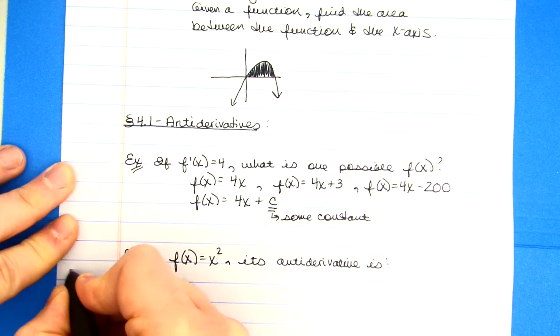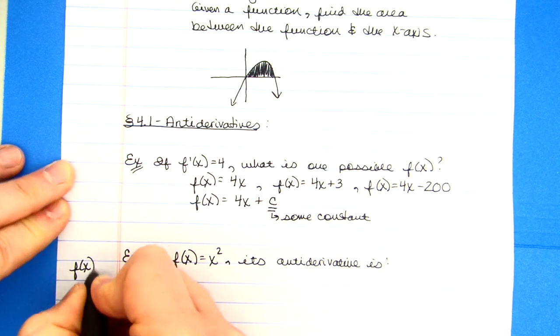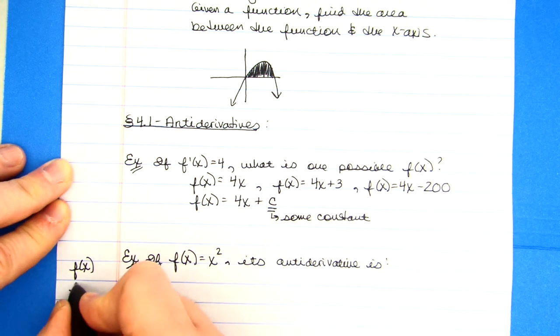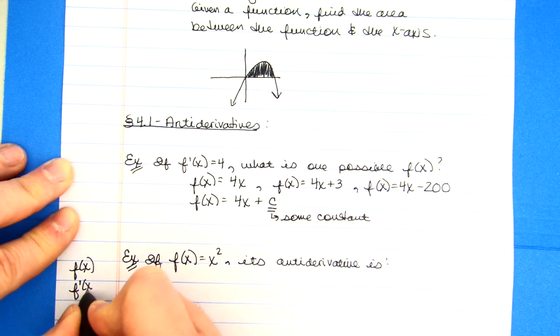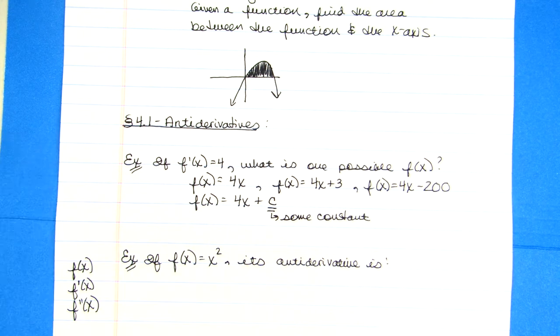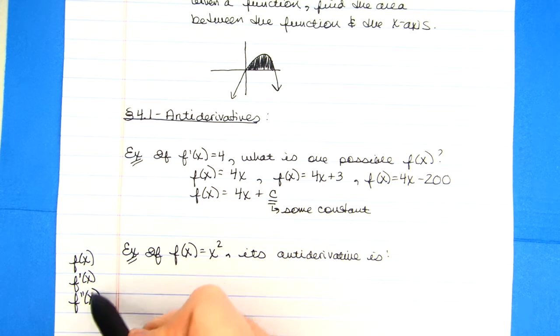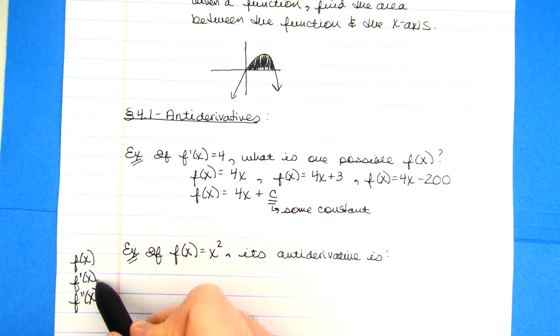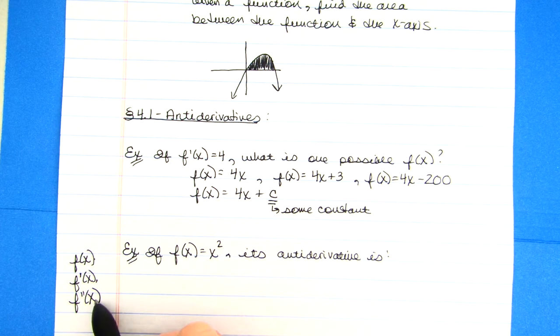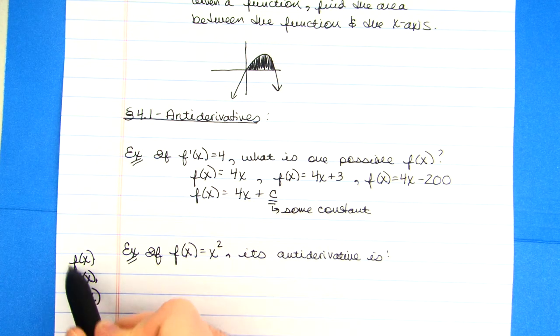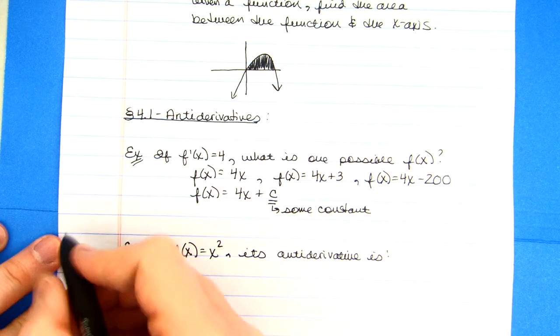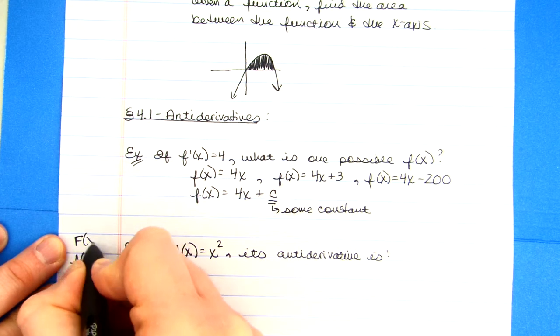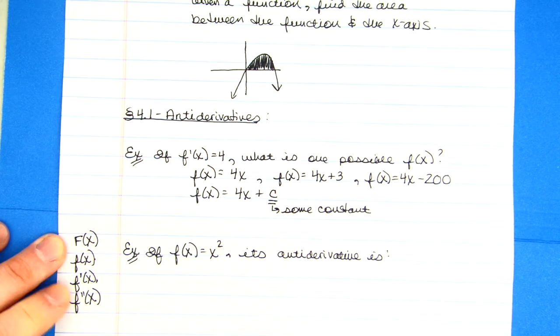If we have some function f of x, we know that its derivative is f prime of x. We know that its second derivative is f double prime of x, and all that. If we have f prime, its antiderivative is f of x. If we have f double prime, its antiderivative is f prime of x. If we have f of x, the symbol for its antiderivative is a capital F of x.